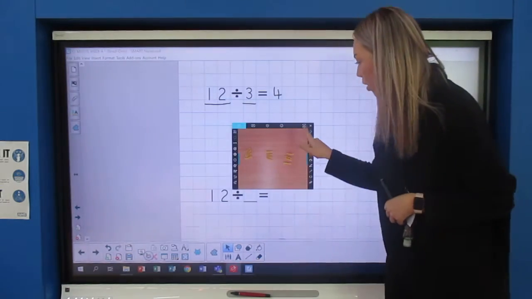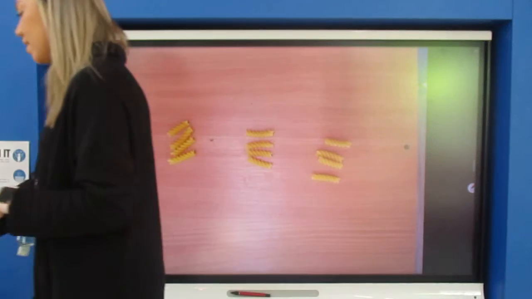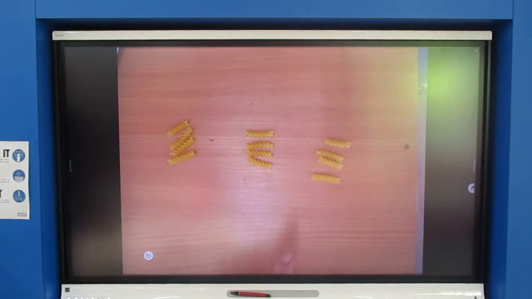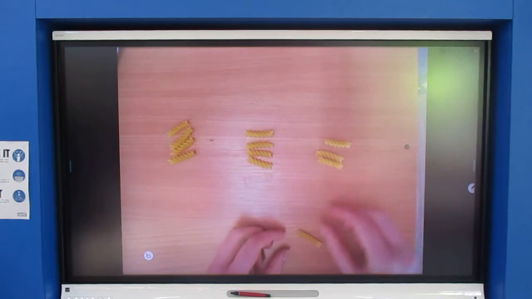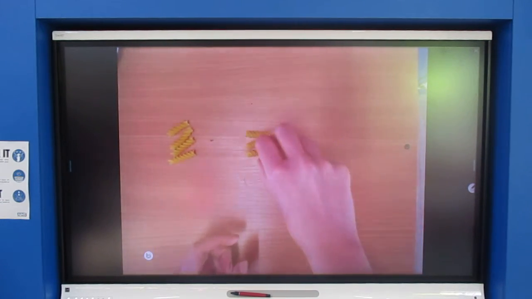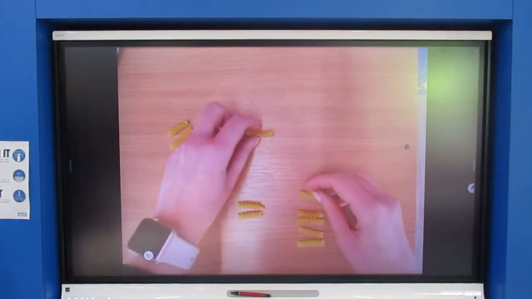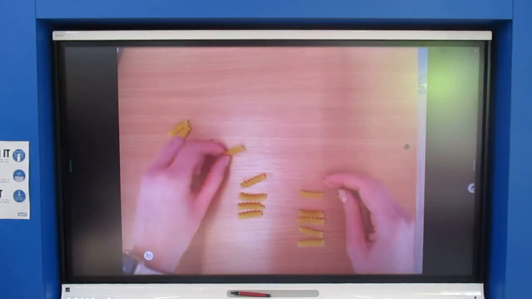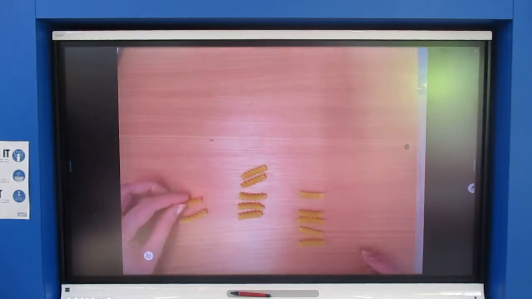Okay, let's go back then to our objects. So I've still got 12, but I've got them in 3 groups. What other ways could I divide 12? Let's have a go together. Maybe I could divide them into groups of 5. Let's try that. 1, 2, 3, 4, 5. 1, 2, 3, 4, 5. 1, 2.